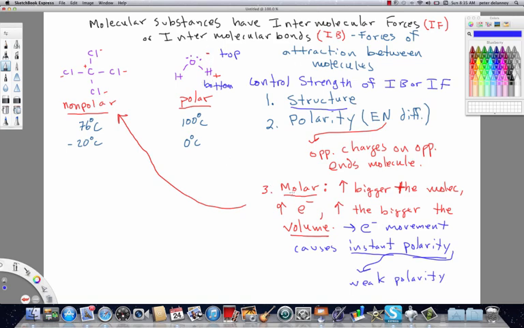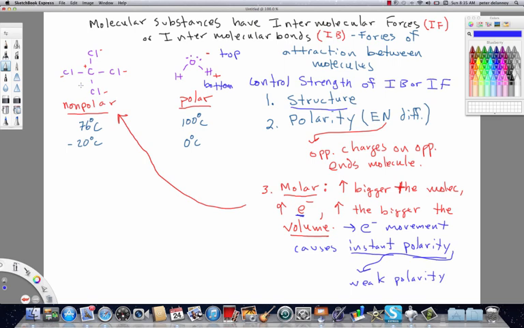And then lastly, but far less important for a molecule like water, we have the issue of total numbers of electrons and the volume that they're able to move around in. This is an issue that is more important for nonpolar molecules than it is for polar molecules. Keep in mind that water on its own merit has got electrons in it, and those electrons can move around, and they can contribute to the polarity of this molecule.